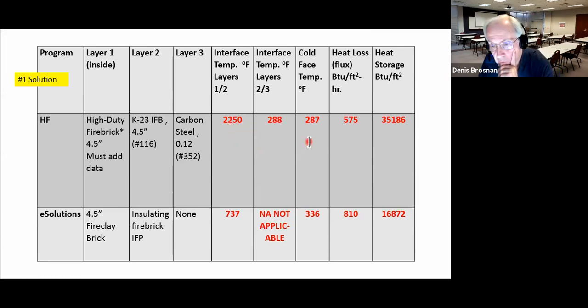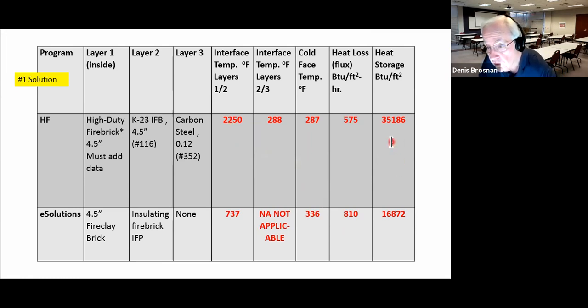As you go out to the exterior temperature of the furnace, we get 287 degrees Fahrenheit from heat flow, 336 from eSolutions. So they're a little bit different, but at least comparable numbers. Heat loss 575 with heat flow, 810 with eSolutions.